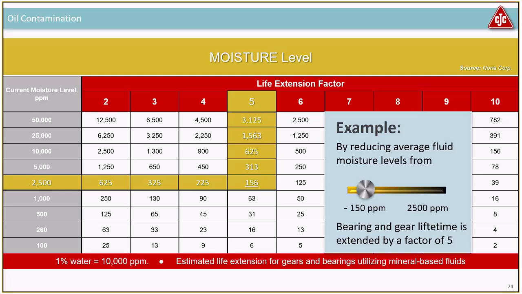If you're a steel mill, paper mill, or something where water is just flushing in, I would focus on the water, and then I would say, well, here you can get 5 times longer life if we control the water level. Then the particles would just be an extra add-on that you will get, but how much, we will not look at that.